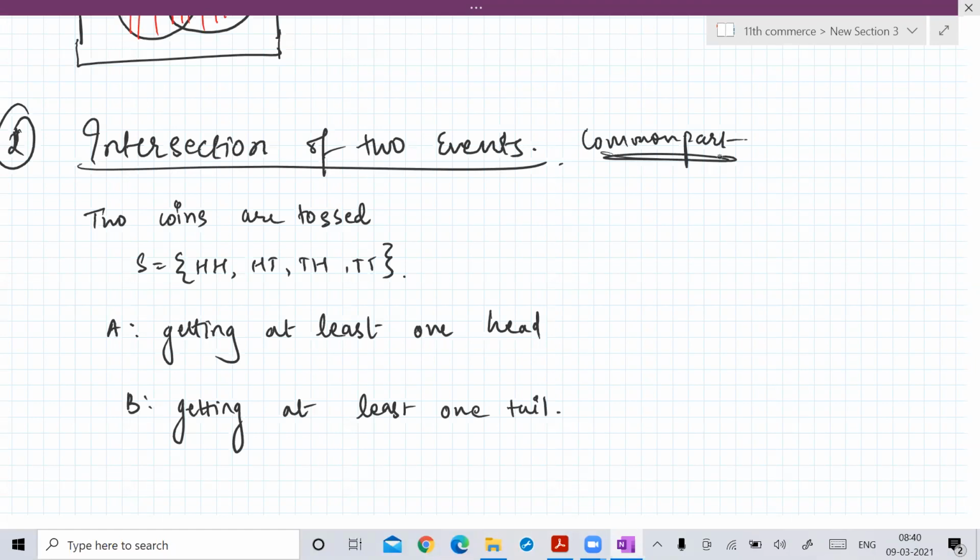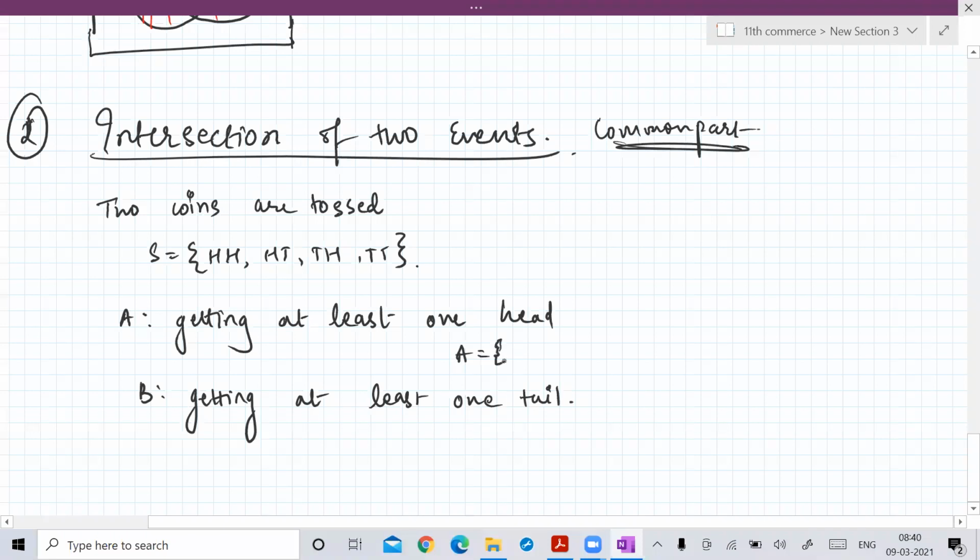Yes, okay. So what would be the elements of A? HH, at least one head: HH, HT, TH. And what are the elements of B? At least one tail: HT, TH, and TT. Now, intersection of two events.